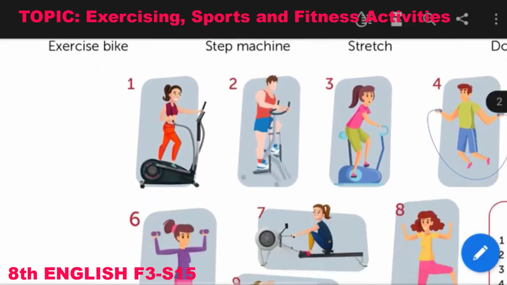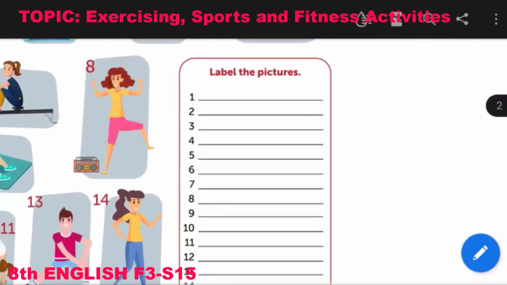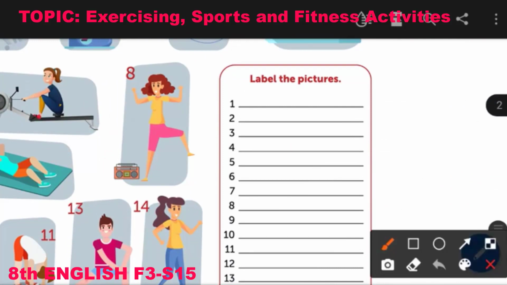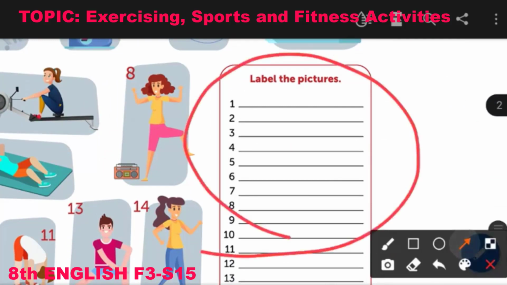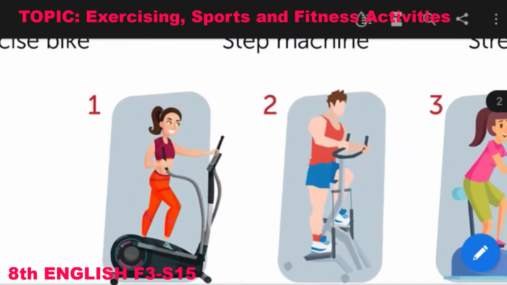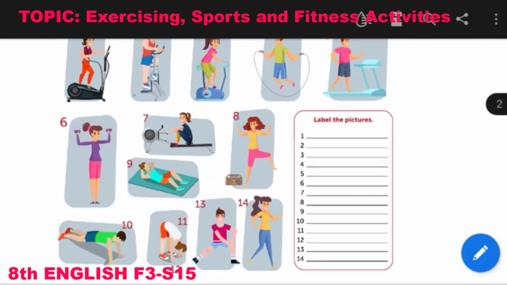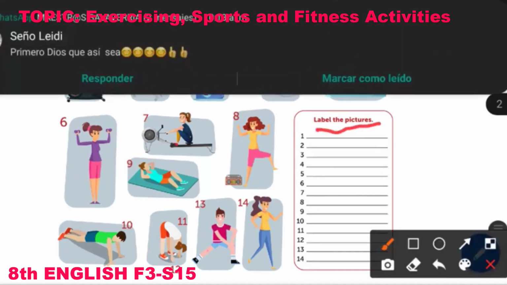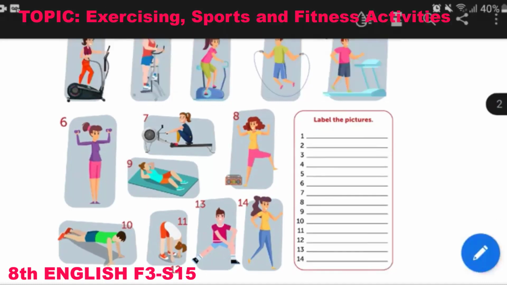Utiliza el recuadro para este fin. Okay, so here you get the chart. And also here you have the number. Number 1, for example. See, here is number 1. So you have to write, tienes que escribir, the name of the activity, el nombre de la actividad, okay?